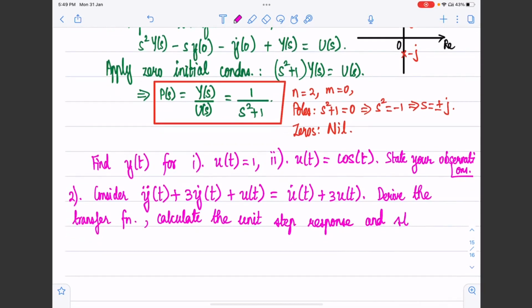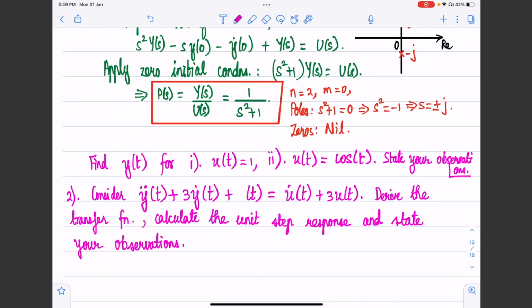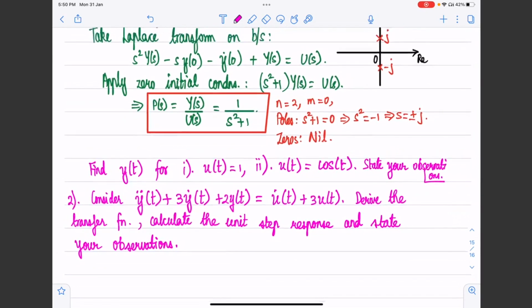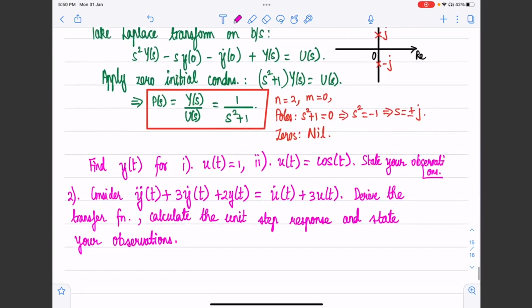Oh, sorry, I think I made a mistake here. This should be 2y of t. Please change it. On the left hand side, the governing equation should be y double dot of t plus 3y dot of t plus 2y of t equals u dot t plus 3u of t. Please change that.